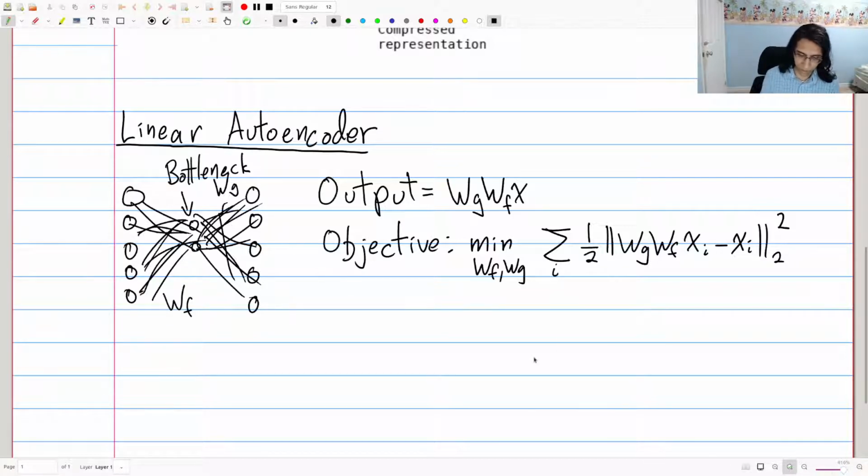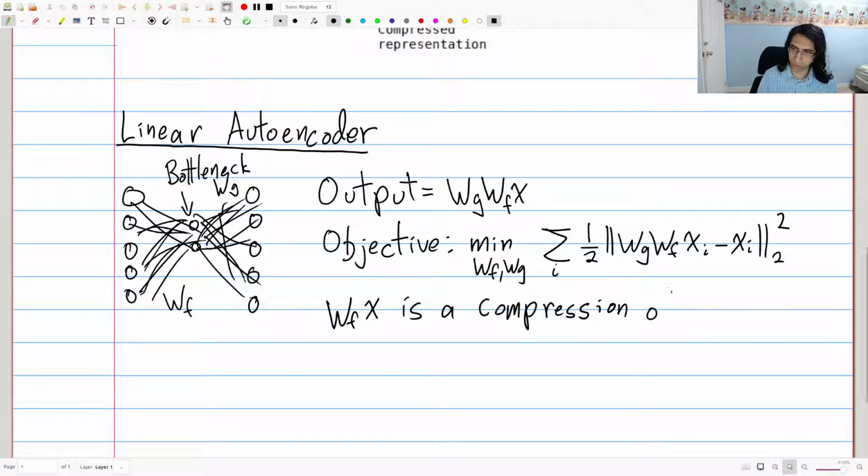Anyway, you can also think of it as W_F of x being a compression of x. It's an alternate representation in a lower dimensional space.